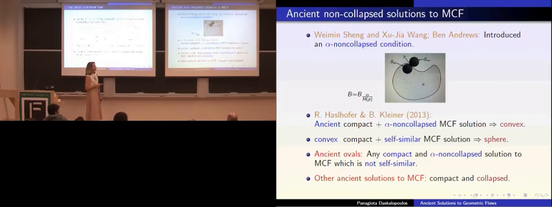And you want the alpha to be uniformly bounded from above and below as t approaches minus infinity, for an ancient solution to be alpha non-collapsed.